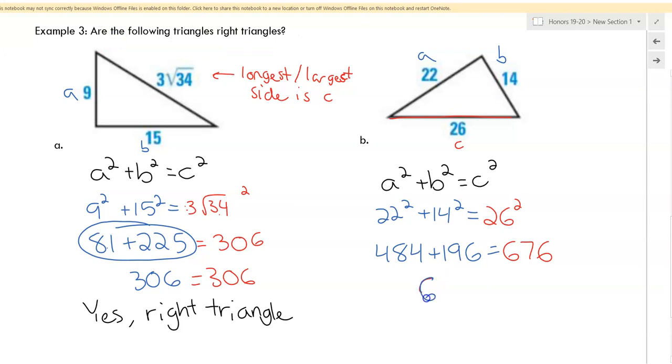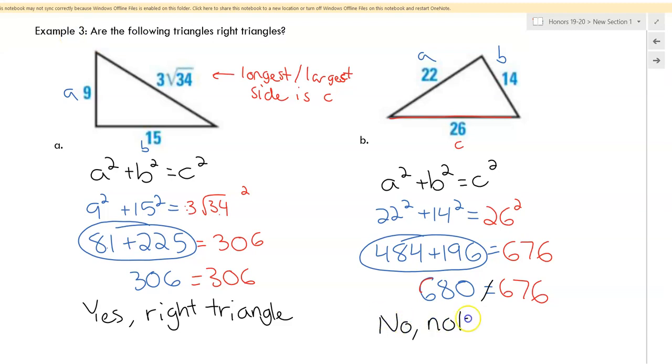And on the other side I have 676. And these are not equal. So while they're close, they are not equal, so no. Not a right triangle.